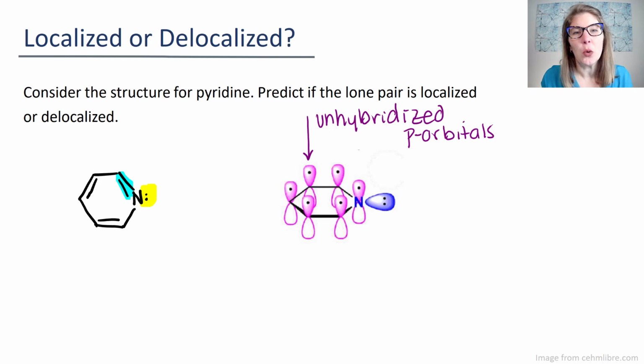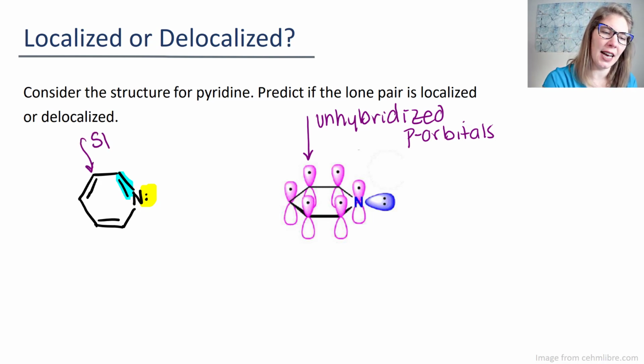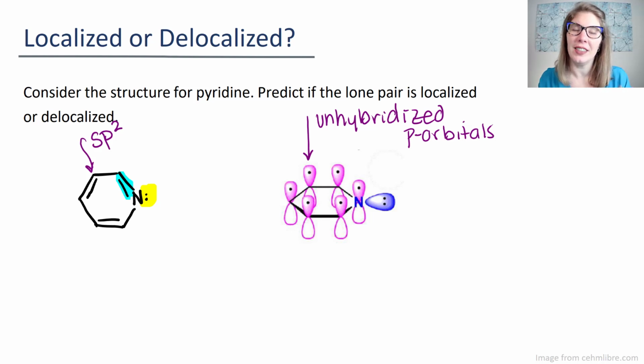Remember that each orbital has one electron that it's sharing to make a bond, and that's why there's one black dot in each of those unhybridized p orbitals. When we're looking at this carbon, it is sp2 hybridized, so it has one p orbital that didn't get hybridized, and that's the one that's involved in creating the pi bond.